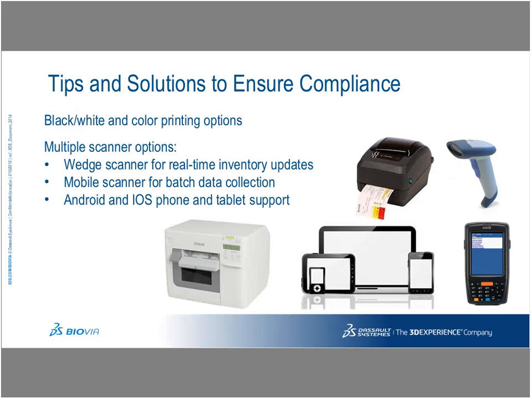And of course, the reason this system has been successful for so many years is because it allows for multiple different printing options. In the last year, we've adopted color printing in addition to black and white, so the majority of inventory still just requires the barcode label, the inventory label, but also adding on top of that for all of our customers to be able to ensure compliance with GHS, we now support color printing to include that red diamond around the appropriate GHS pictograms.